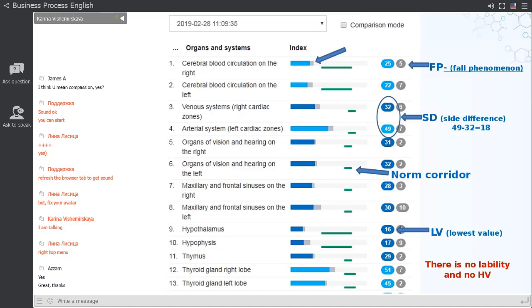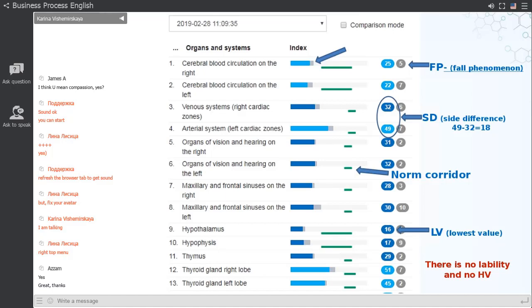For side difference, we need to look at these blue numbers, 49 and 32. The difference is 18. The difference is pretty big. As I told you before, this difference should be less than 5 for side difference.